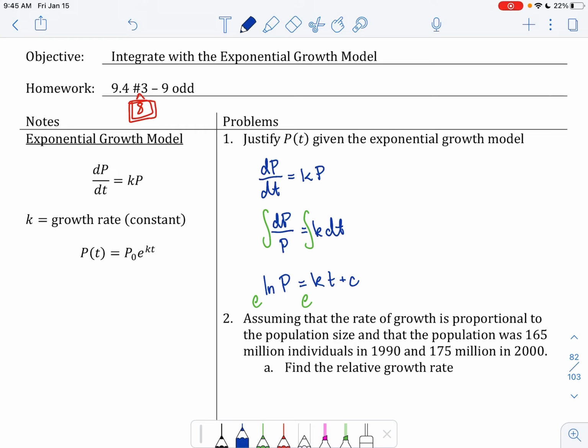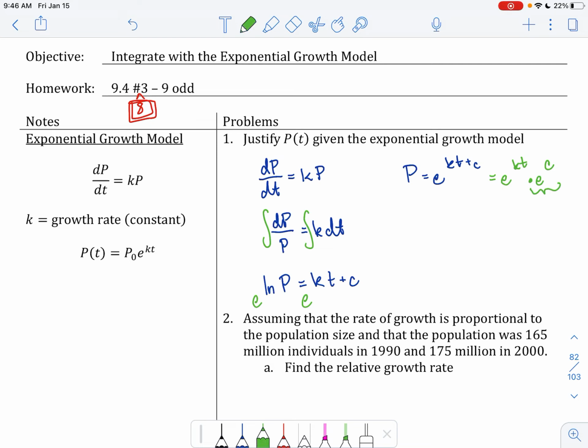And here's something that you're definitely going to see as a trick on the AP test and in all your calc classes that involve exponential differential equations. We now have P on the left side equal to e to the kt plus C. The trick you'll see a lot is that this is the same as e to the kt times e to the C, because if we are adding exponents, they initially came from here.